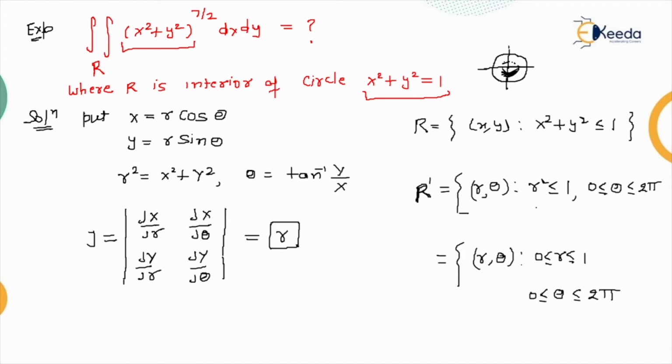Now time to replace all the values in equation number 1. This is your equation number 1, and I'm going to replace this value of x square plus y square in the place of r and theta. So what will become? I will just take that double integration, that is equal to I. And here was x square plus y square, so I'm going to write out r square, having power 7 by 2.